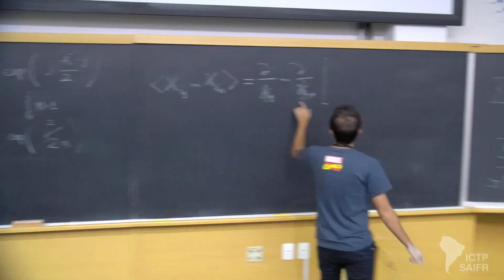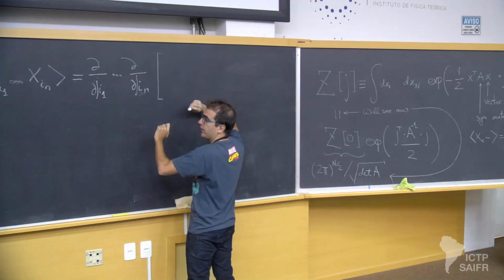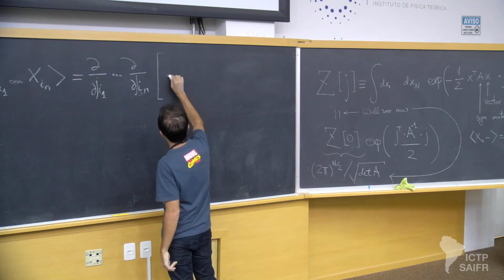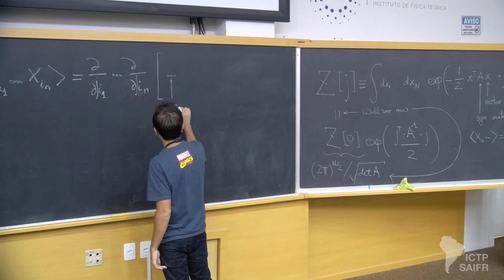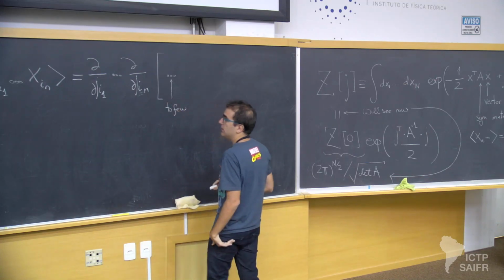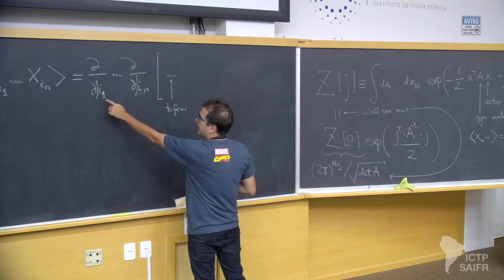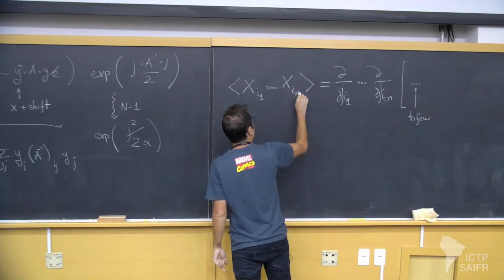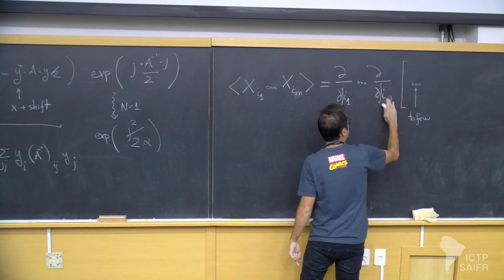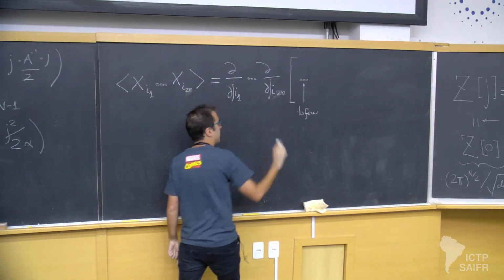Now we want to take these derivatives of that exponential, but as before, when I expand the exponential there are some terms that have too few j's. Then there is the one that has exactly the right amount. Let me say that I have 2n, because if n is not even, it will be 0. So let's put 2n here.